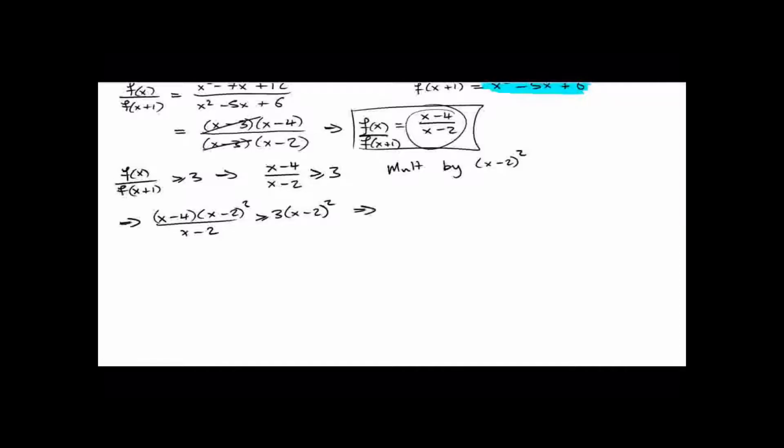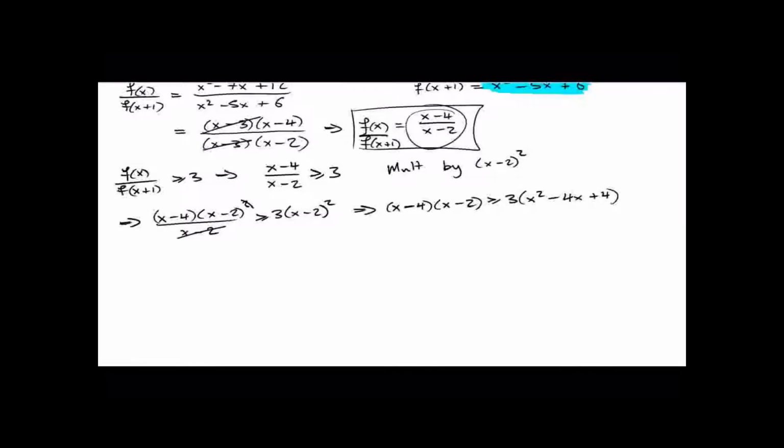Now on the left hand side of the inequality we have an x minus 2 on the bottom and we have two x minus 2's on top, so one of them cancels. So I'm left with x minus 4 multiplied by x minus 2 is greater than or equal to 3 times x squared minus 4x plus 4.